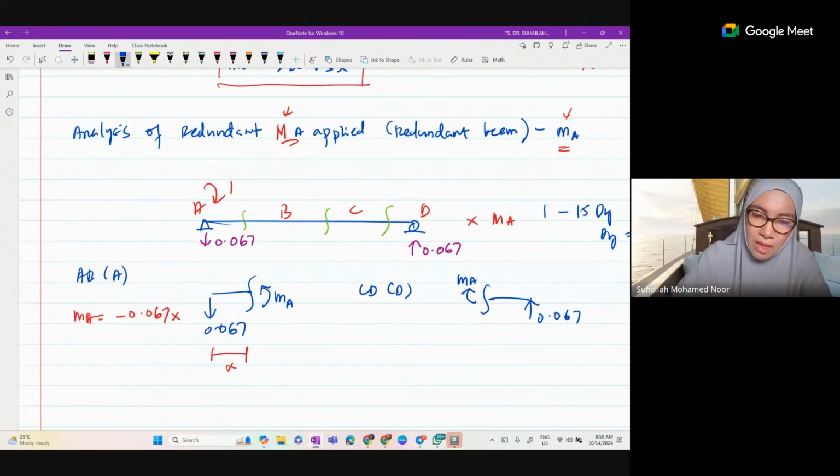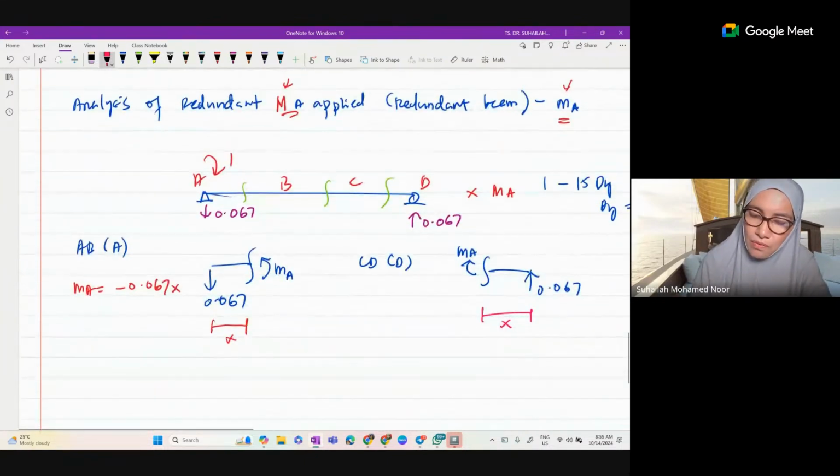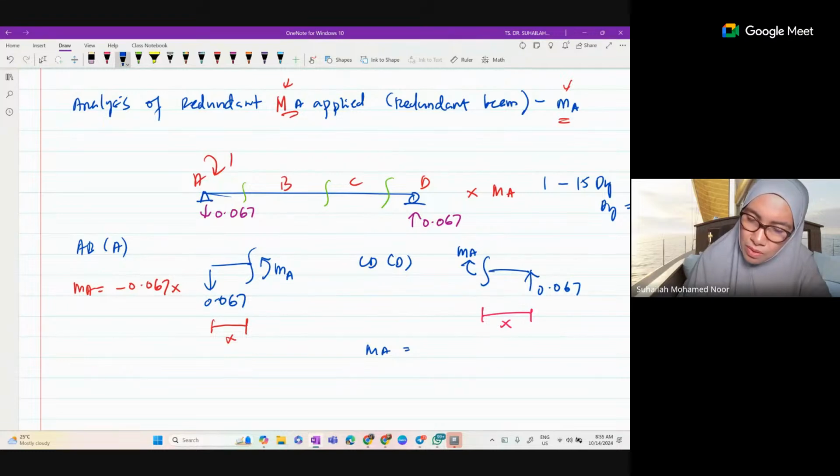So from here, again the distance is X. So for the equation, MA is equal to 0.067x. So 1 negative, 1 positive. This one is positive. Okay, 0.067x for the moment equation.